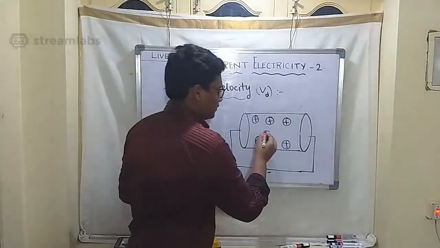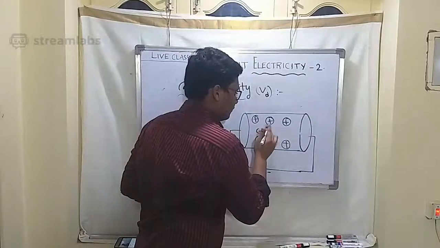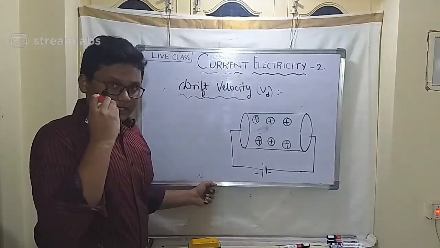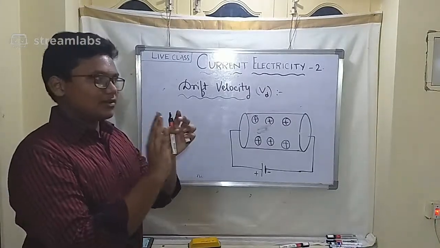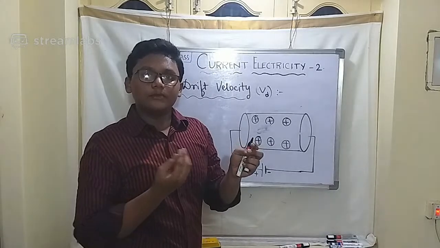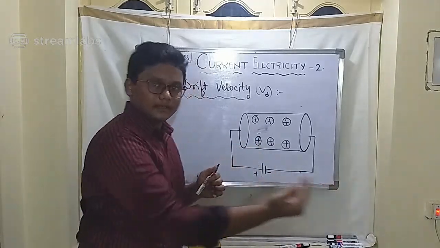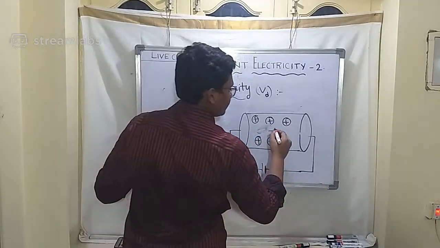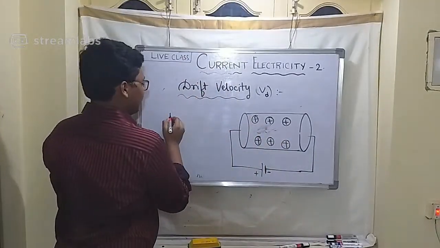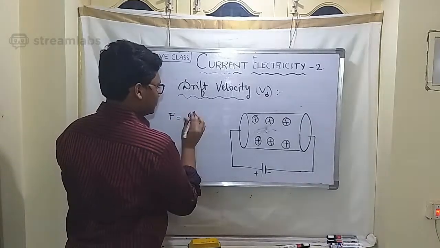Okay, the force is in the direction of the current. See, the current is in this direction and the electrons are moving in the opposite direction, and the force will be in the direction of the electric current flow. Easier, simpler. And F is equal to qE.